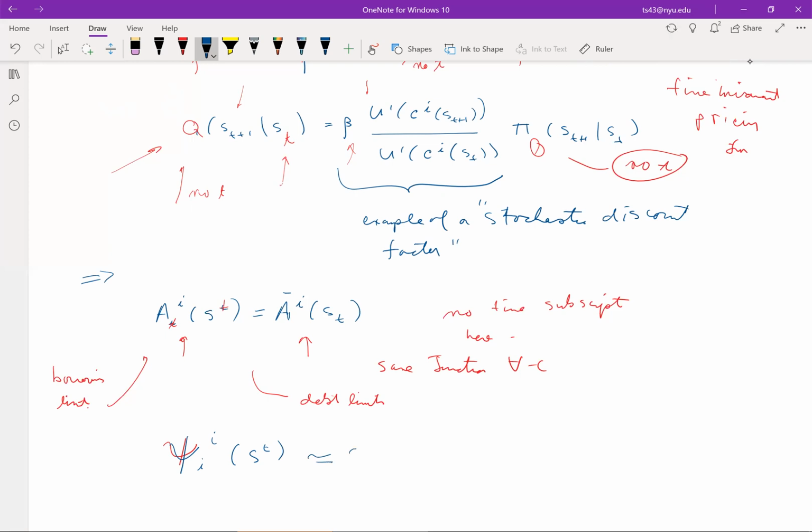There was a t here. There's no t, and this is just going to be a function of S_t. So this was a time invariant continuation wealth.